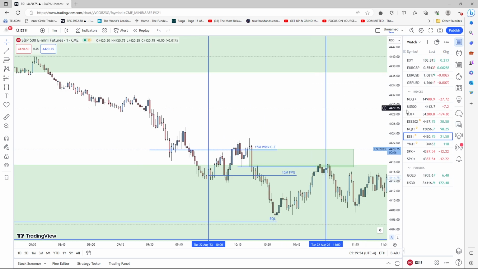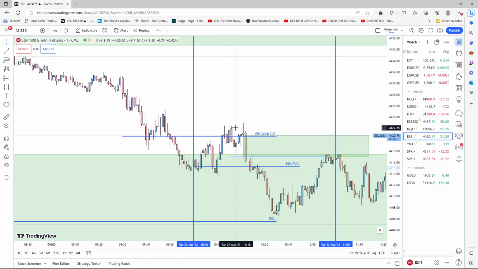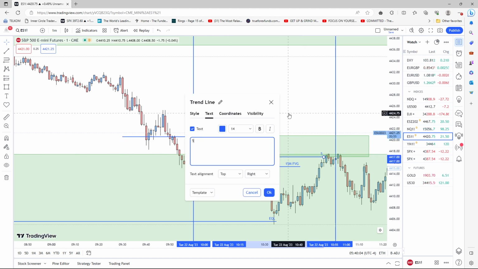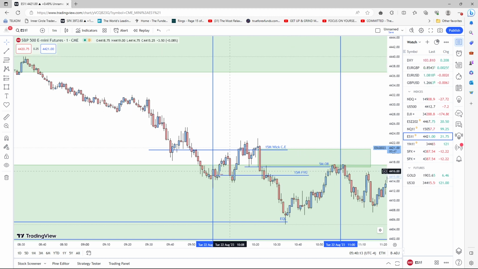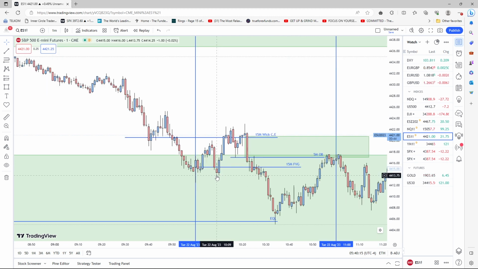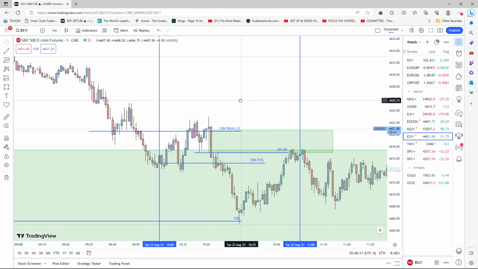There we go. So looking at this 15-minute consequent encroachment wick, this would be the order block with a 5-minute order block level. Let's just take note of that so we do not get confused with these levels. All right.